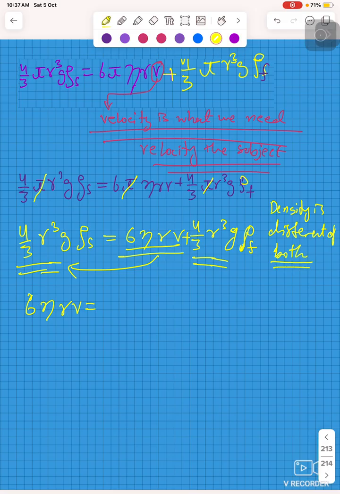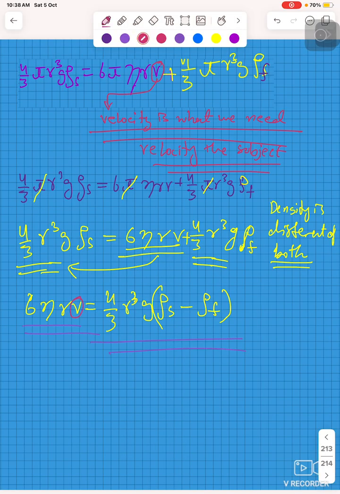And then what we need is 4/3 r cubed g, density of the sphere minus density of the liquid, the fluid, and here we have the other simplified version.